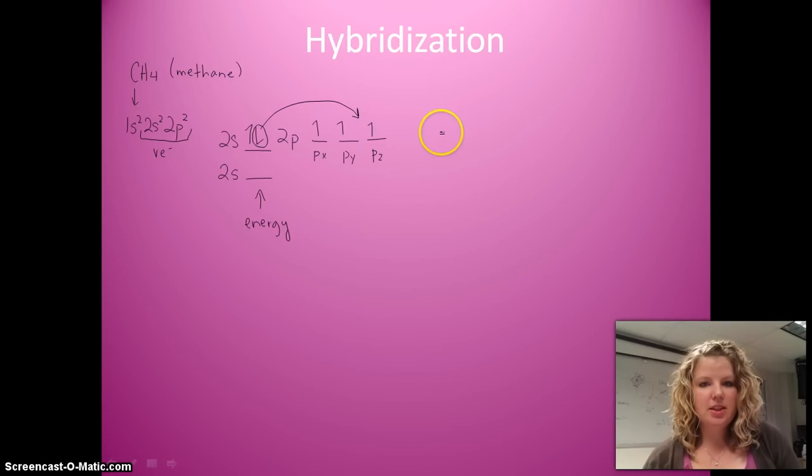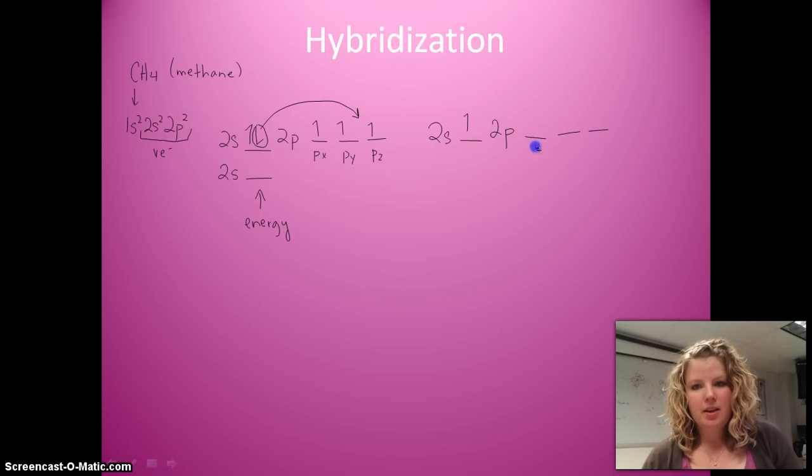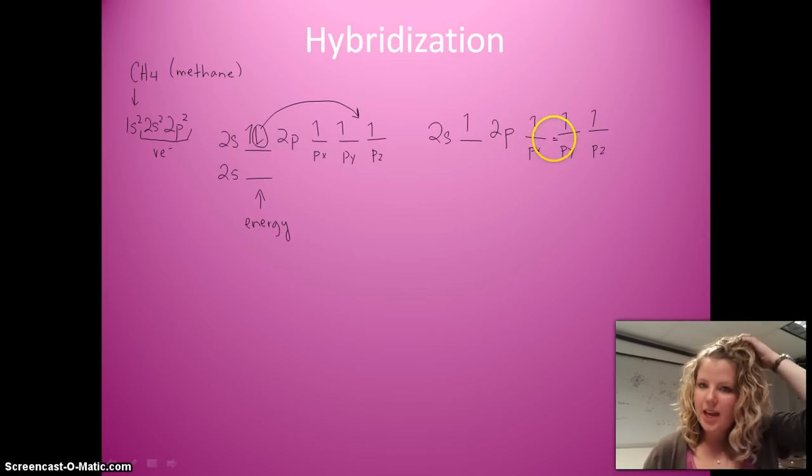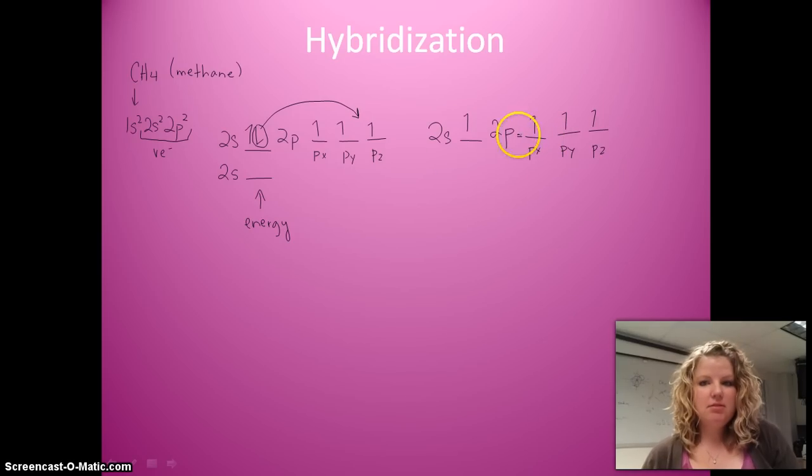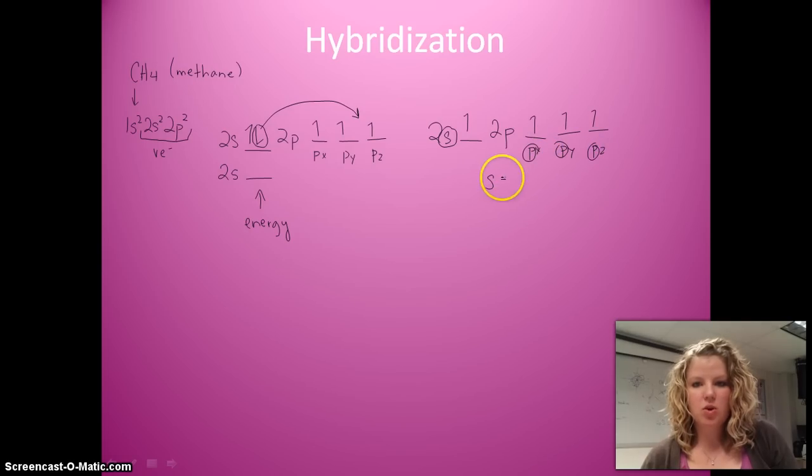Okay, so really what this now looks like is we have 2s with 1 electron, and then 2p, px has 1, py has 1, and pz has 1. Okay, and so now this is literally, we have 1 s, and we have 1, 2, 3 orbitals of p.